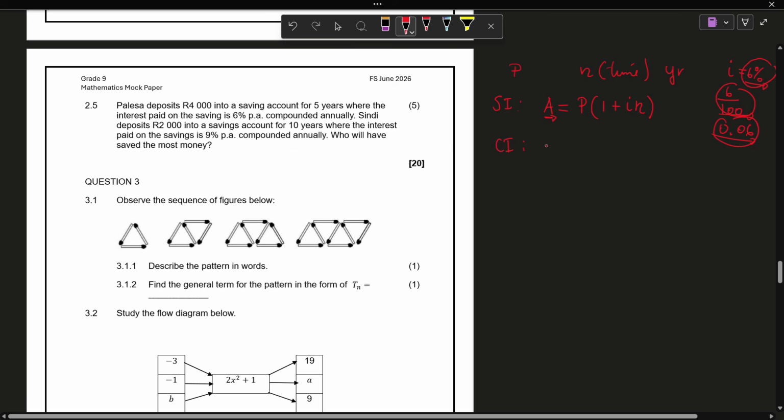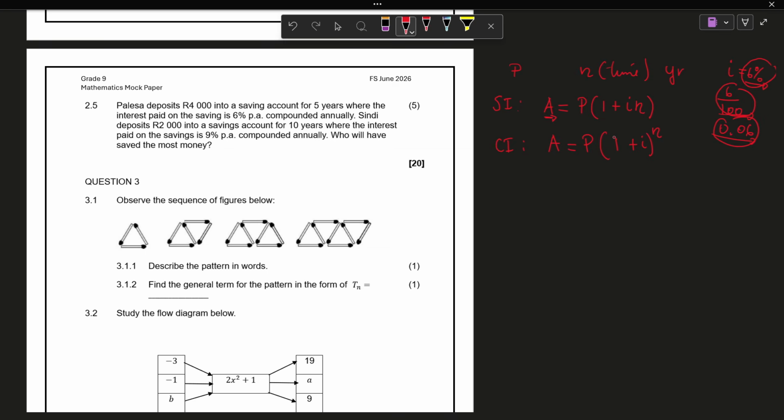For the same accumulated amount, it is the principal amount times 1 plus the interest rate, exponent, and here the time becomes an exponent. That's basically the difference between the two formulas.